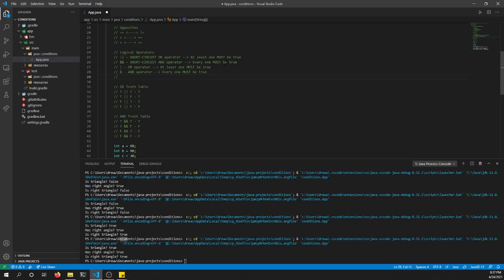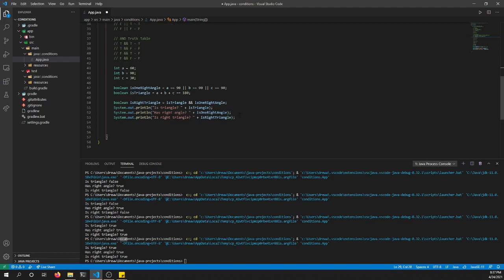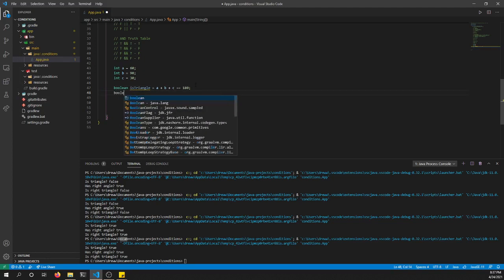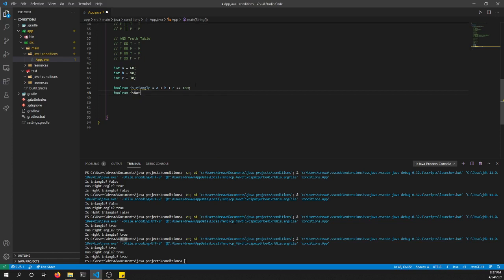The last operator is a little bit simpler, so we'll just touch on it briefly. It uses the bang symbol by itself. It is called the not operator. One way we can look at this is, instead of all of this, we'll just look at the is triangle. We will say boolean is not triangle.